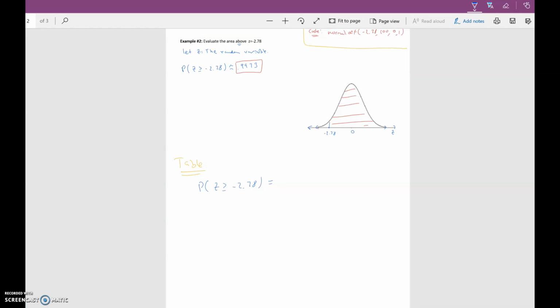You would have to use the complement, and in this case, you would have said, okay, so to properly use a table, this will be 1 minus the probability of Z is less than or equal to negative 2.78. So this is going to be 1 minus, and then you have to find the proper value on the table that gives you negative 2.78.